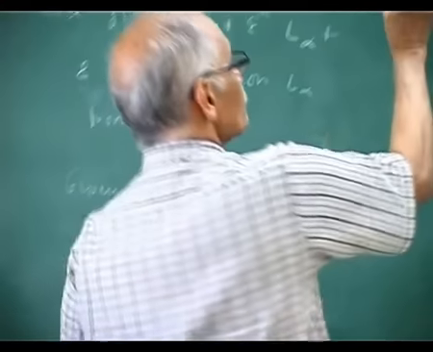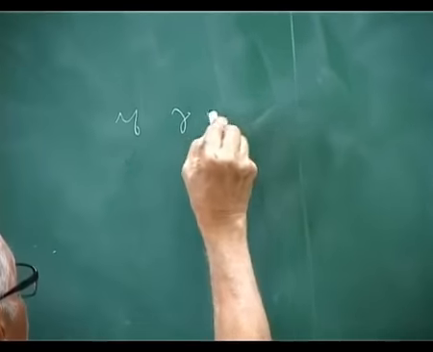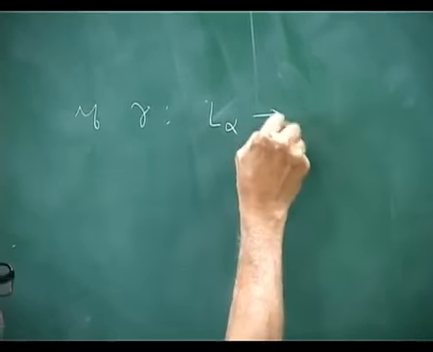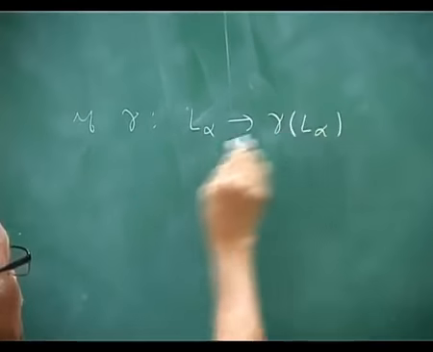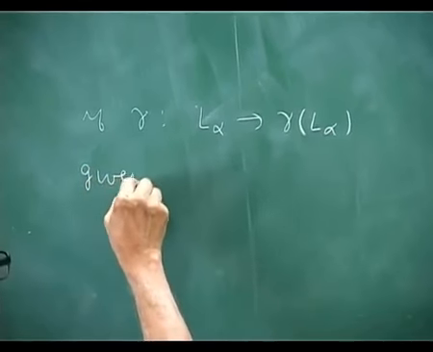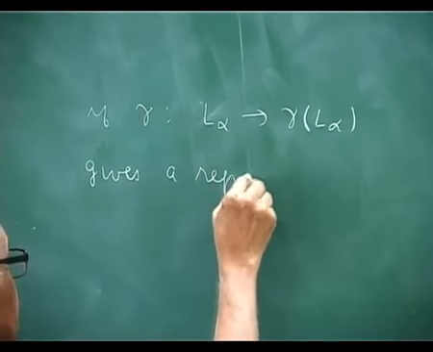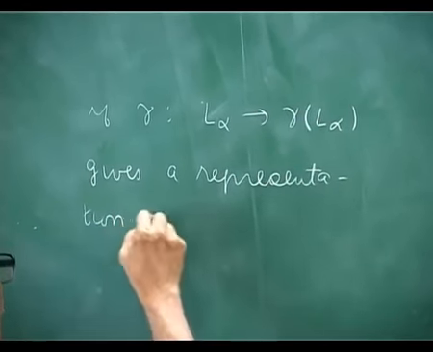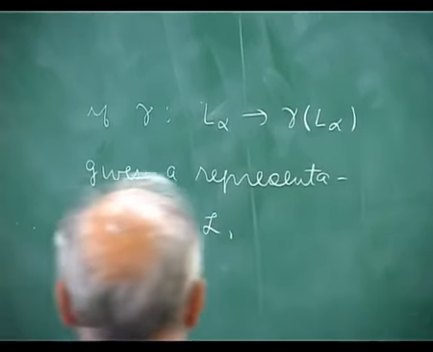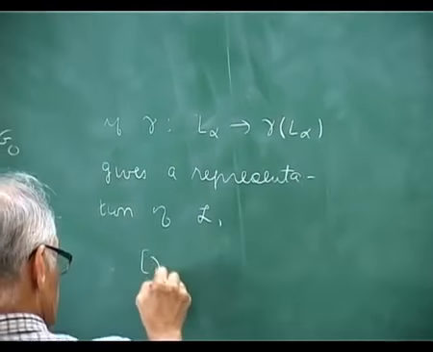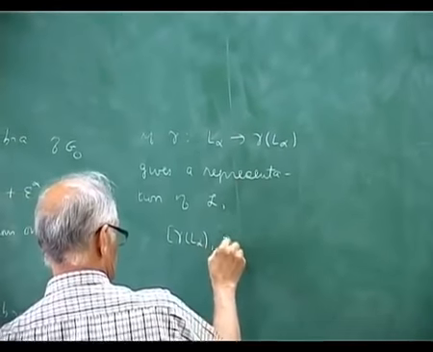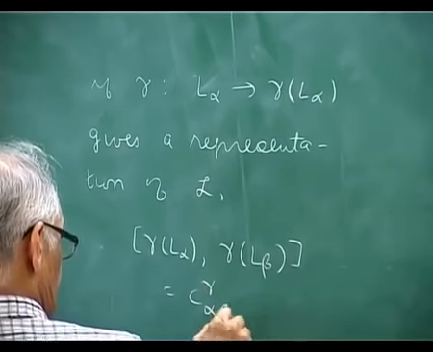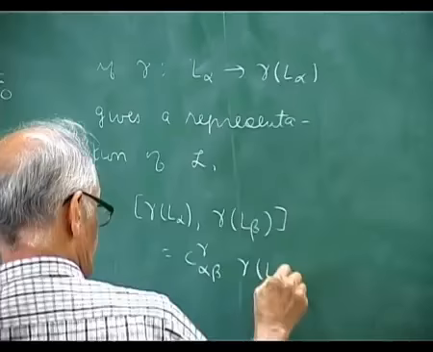If gamma, any element L alpha going to gamma of L alpha, gives a representation of the Lie algebra, that means this gamma fulfills the same relations with C gamma alpha beta.